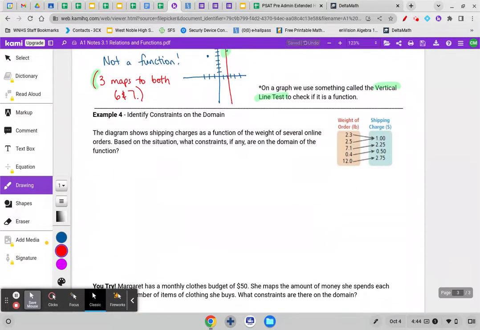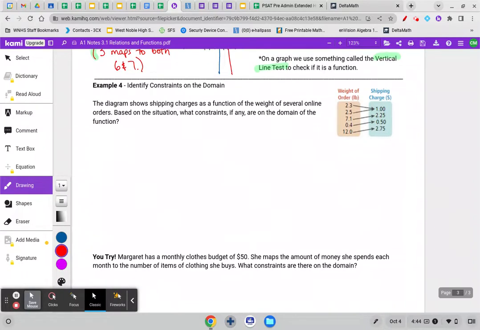All right. Next example, we have example 4, our last one. We are going to identify constraints on the domain. The diagram shows shipping charges as a function of the weight of several online orders. Based on the situation, what constraints, if any, are on the domain of the function? Now notice inputs here are what I just pointed at.